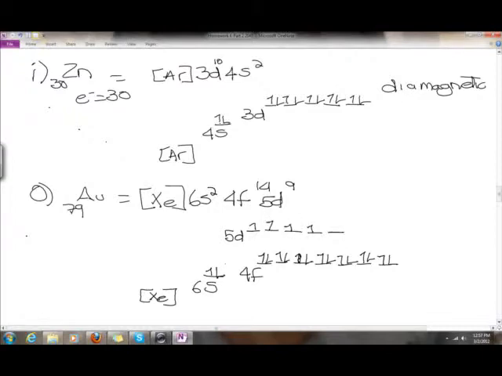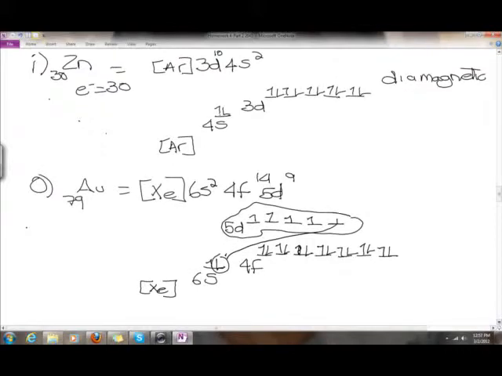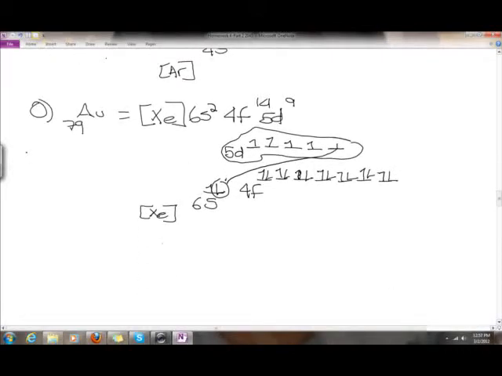See, but here, if the 6S jumps here, forget about the F, then you have a half full. So that's why this is again one of the exceptions. So this is the right electron configuration for silver.